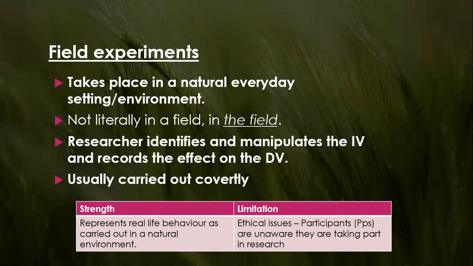Now, it's also important that we know that we're going to have limitations again. I'm going to talk about two limitations, one that's on the screen and another one that's not. A problem with a field experiment is we do not have a high level of control. That means the extraneous variables are not controlled. And if there's a lack of control on the extraneous variables, they can then become confounding variables.